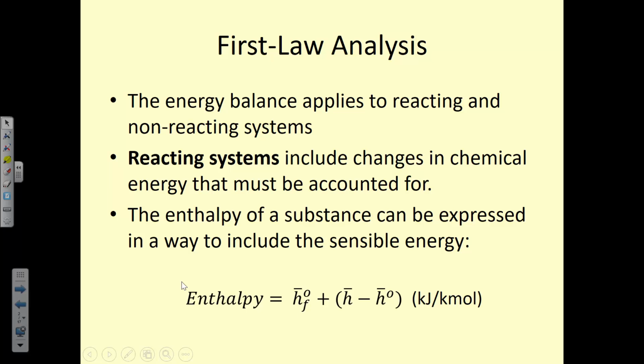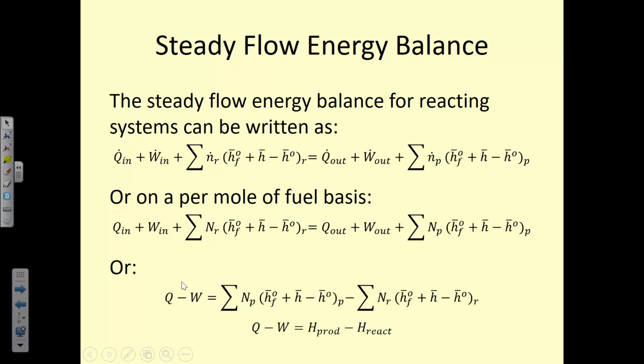In this case, we're doing that also, but now we're looking at these combustion reactions and the sensible energy that occurs due to these molecules changing and bonding with other molecules and moving around. So we have to account for that energy in our energy balance.